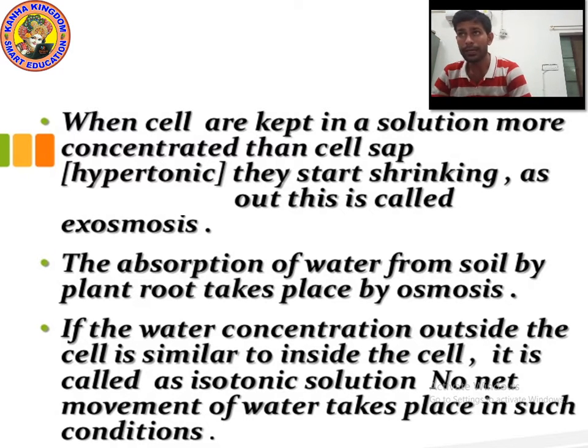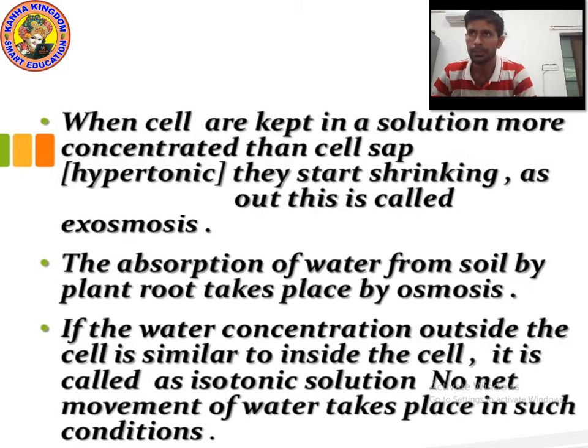When cells are kept in a solution more concentrated than the cell sap, they start shrinking as water comes out. This is called exosmosis.